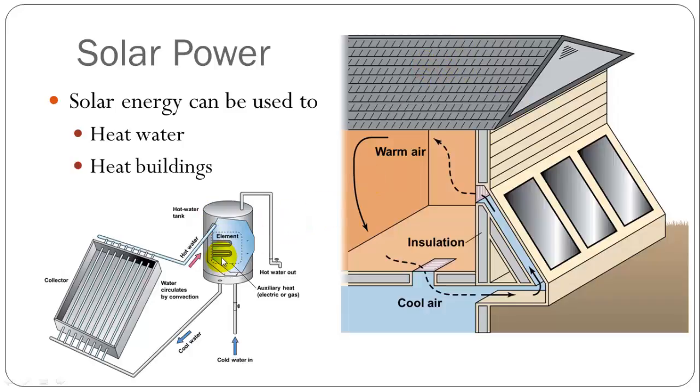You see these a lot in like Central South America, and they are black, and that's how they get hot water, is just the sunlight beating on this black water tank warms up the water in there, and that's the hot water. But you can also use the placement of windows and placement of other structures, the way your building faces, to take advantage of solar energy.